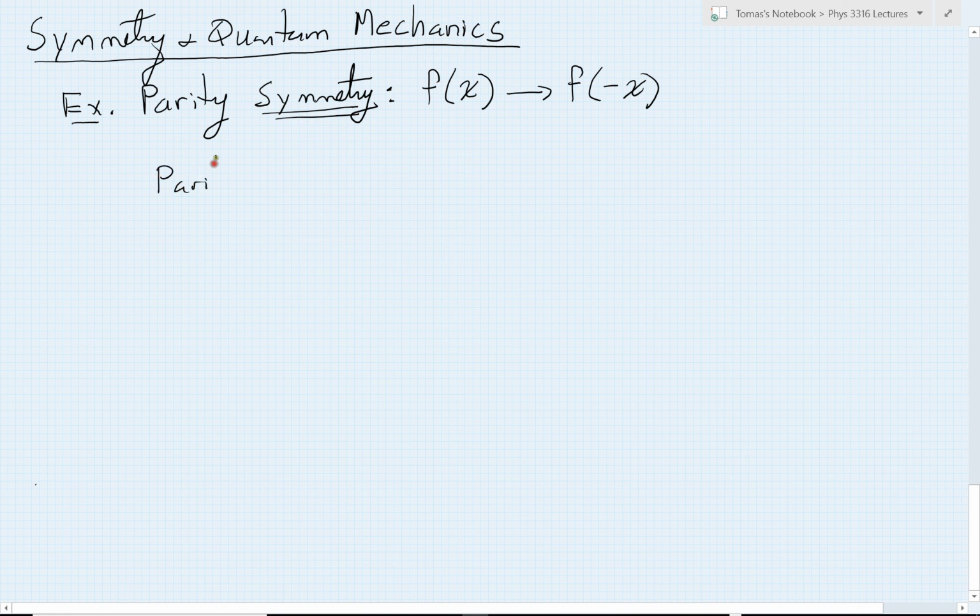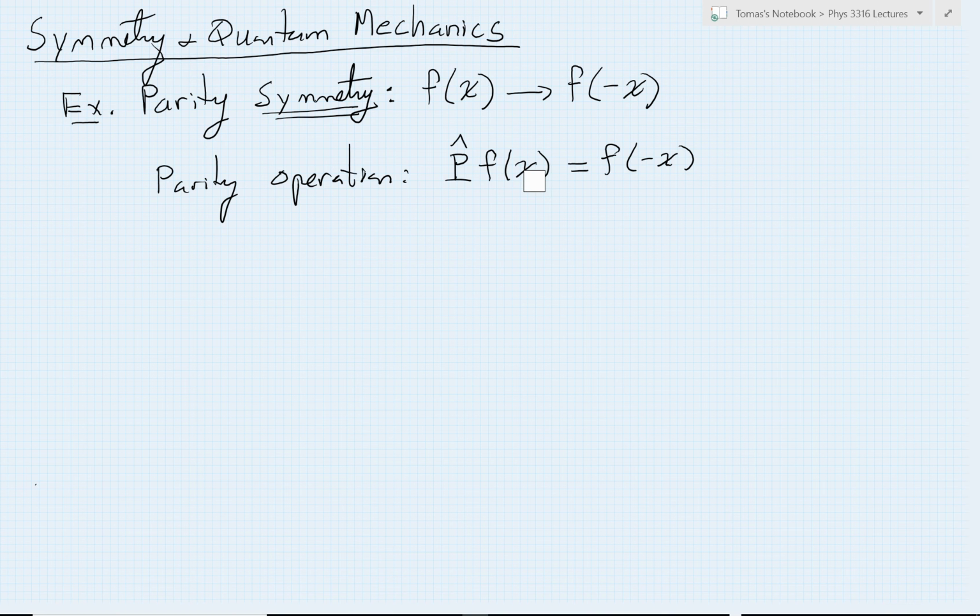The parity operator for us is going to be defined as an operator, which I will call capital P for parity. The hat tells me it's an operator, and when it applies to any function f of x, the result is defined to be just f of minus x. So the job of this operator is to go into my function, and anywhere it finds an x, it flips the sign on that x. That's why I say it's equivalent to just changing your choice of direction for the x-axis.